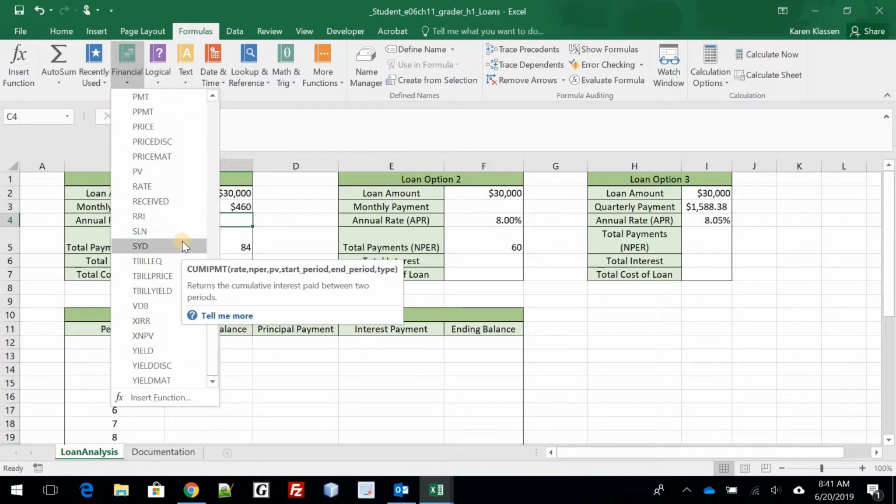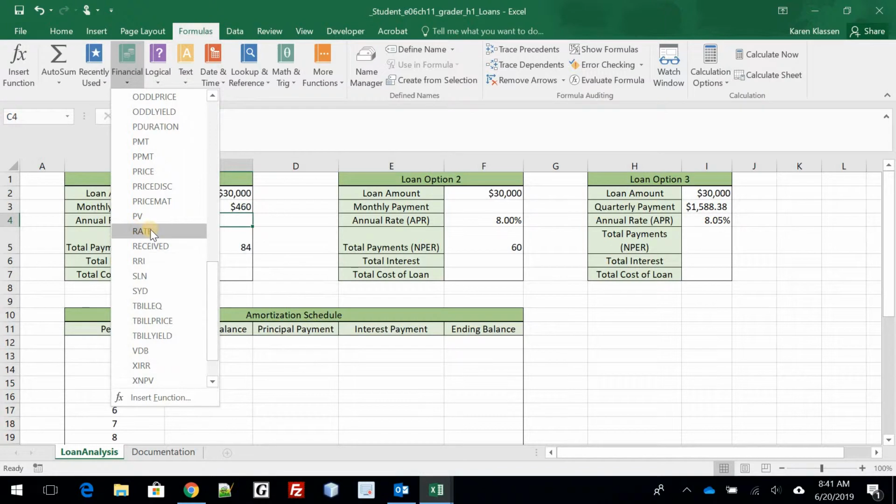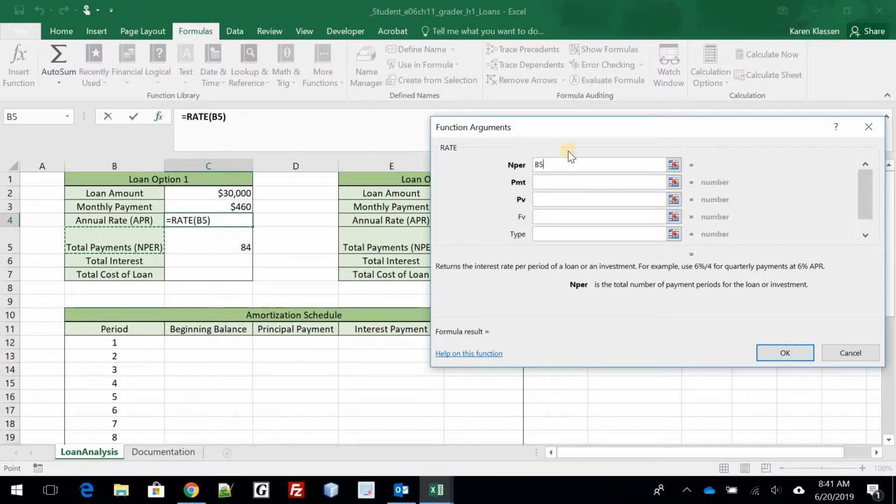So I'll just scroll down and here is a rate. Now this is calculating a monthly rate, not an annual rate. Okay, so our NPER, it tells us right here.